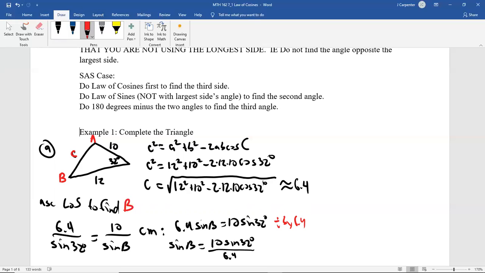And then we take the inverse sine of both sides. Like so.